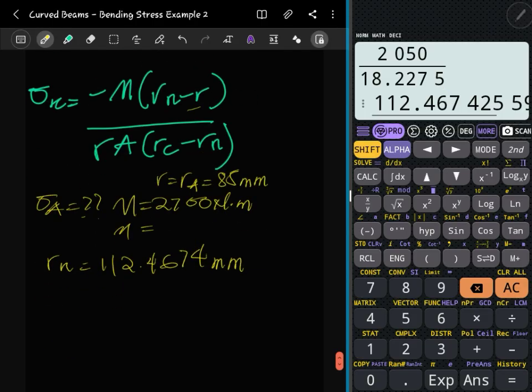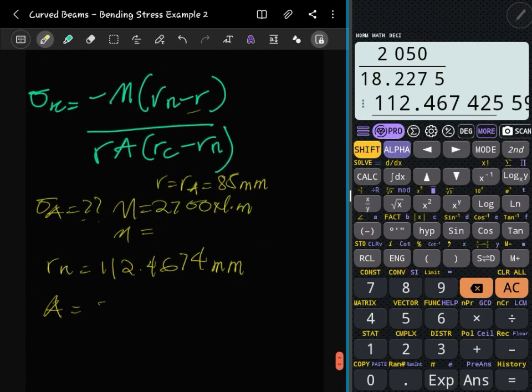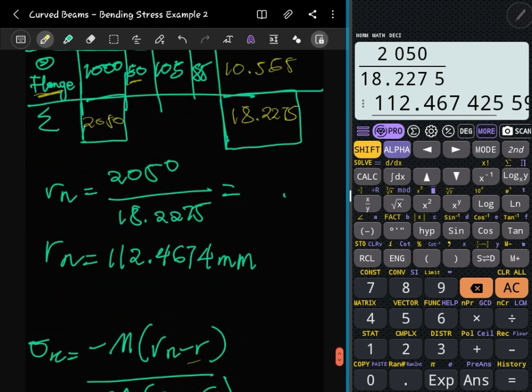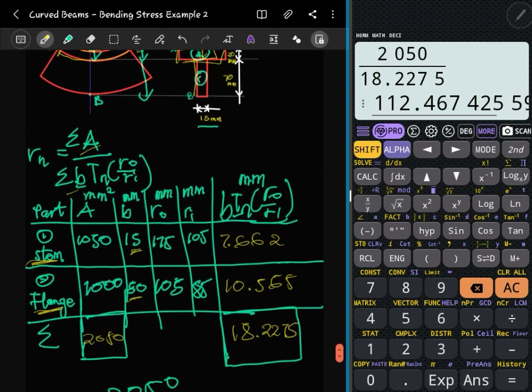And our area, in this case, is the total area, that's 2050 mm squared. And our RC, okay, we'll come back to that.